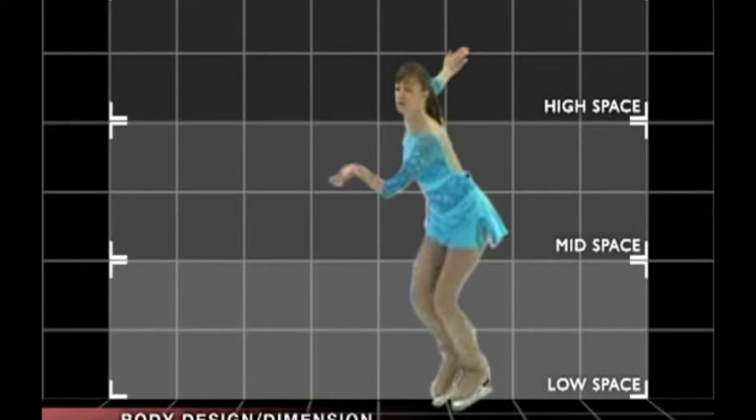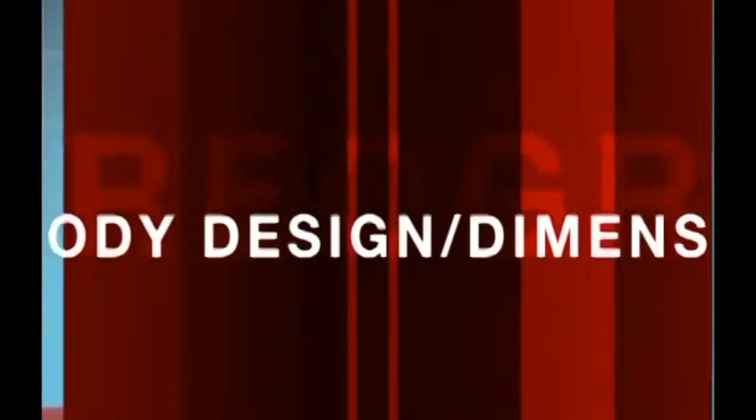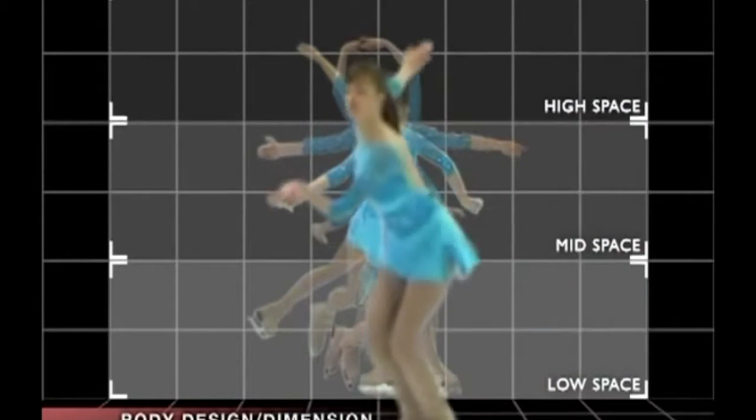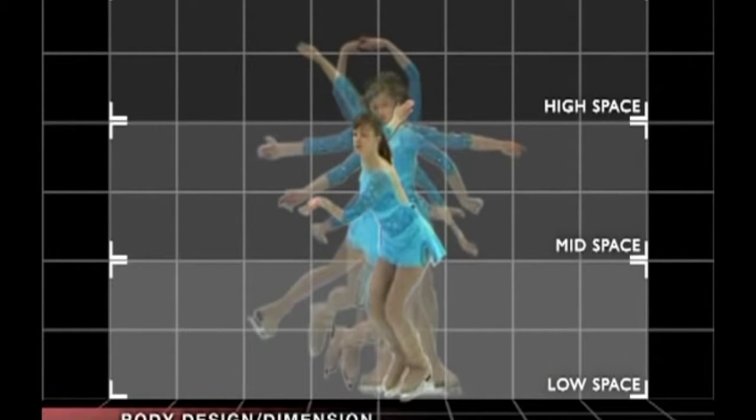In this last frame, she has bent her knees and lowered slightly into the mid-space area. You see her positions during this portion of her program were skated in the basic upright position, with no reach of the body core into surrounding space. There was some reach of free leg and arms, but this is to be considered normal for any skater.